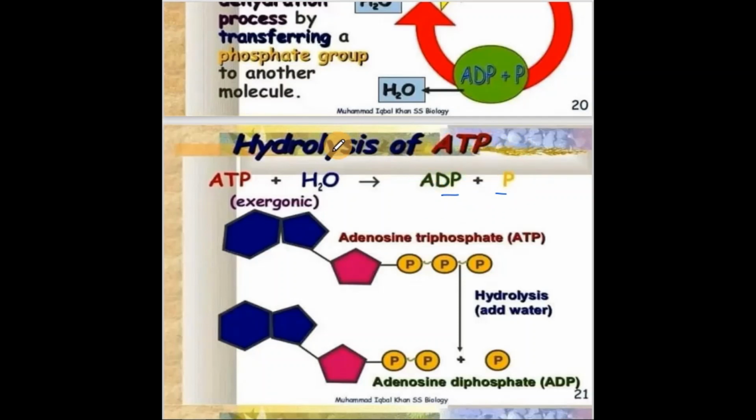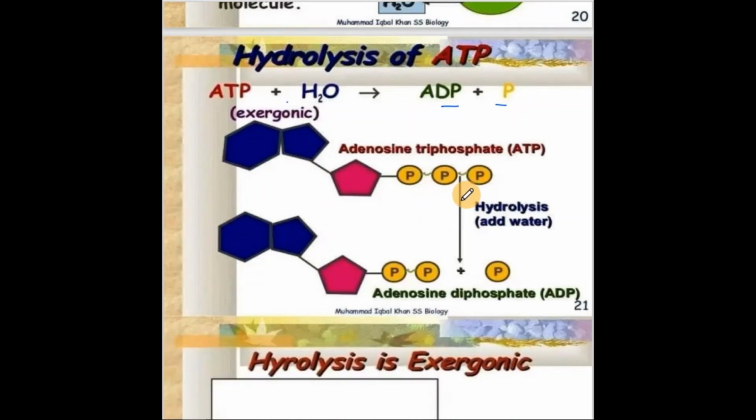So the backward reaction is an endergonic reaction, then the forward reaction is an exergonic reaction. The forward reaction is exergonic because it releases energy to the system upon the hydrolysis, or the breakage, of the phosphoanhydride bond that exists in the ATP molecule. If I add water to an ATP molecule, I first cleave the first phosphoanhydride bond to form the ADP, which is this N-phosphate.